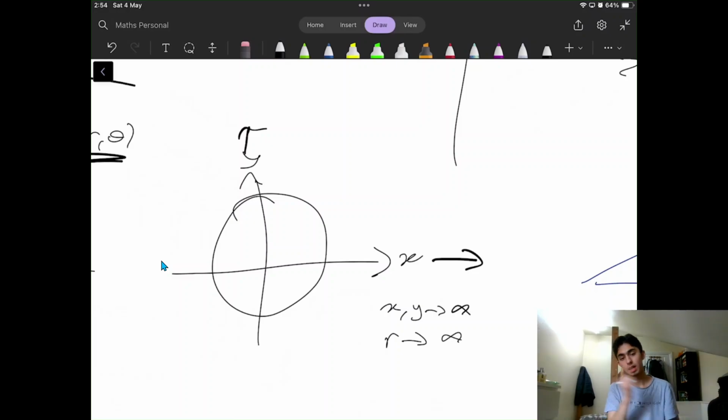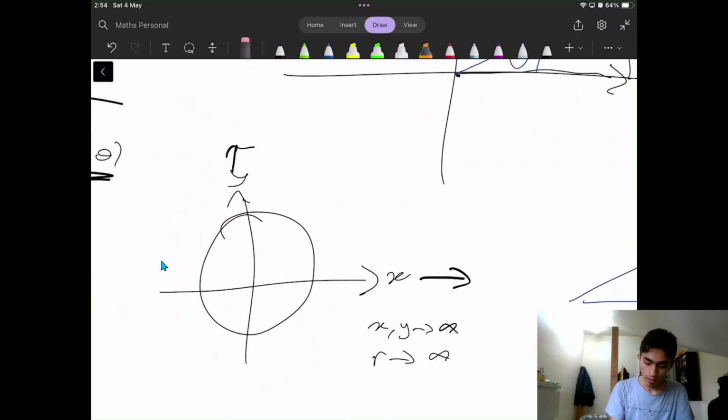As x and y go to negative infinity, we get r going to positive infinity. The reason for this is that r is just the magnitude. It's a distance from the origin to the point, right? So r is going to be a positive number, which means that the minimum value of r is 0, which means that r is on the interval from 0 to infinity, right? I'm going to write it like this, 0 to infinity, okay?